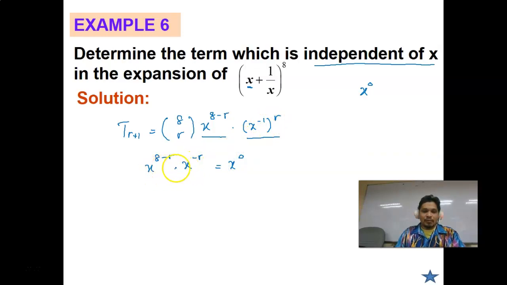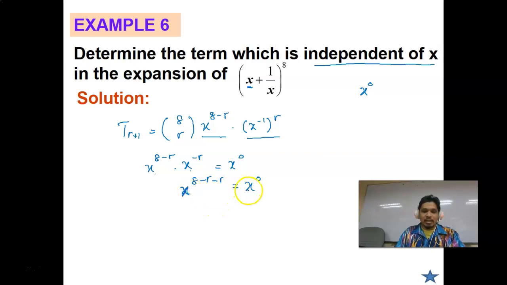Multiplication between these two figures, remember, with the same base, so you come out with x to the power of 8 minus r. Multiplying means that we add the powers, with the additional negative r, equal to x to the power of 0.